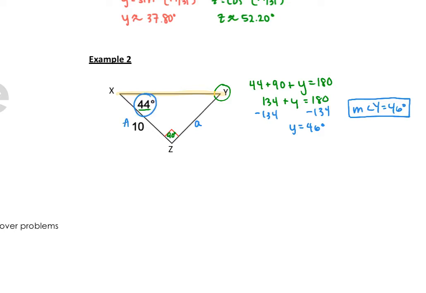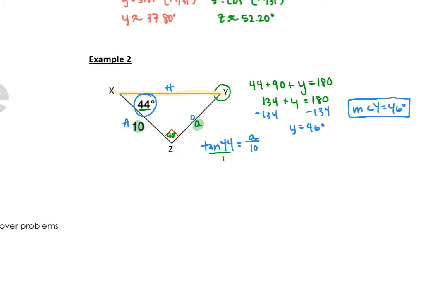So 10 is my adjacent side, this is my hypotenuse, and this is my opposite side. So I'm given my adjacent side, and I'm solving for my opposite side, which tells me I'm going to use tan. So tan 44 equals A over 10.